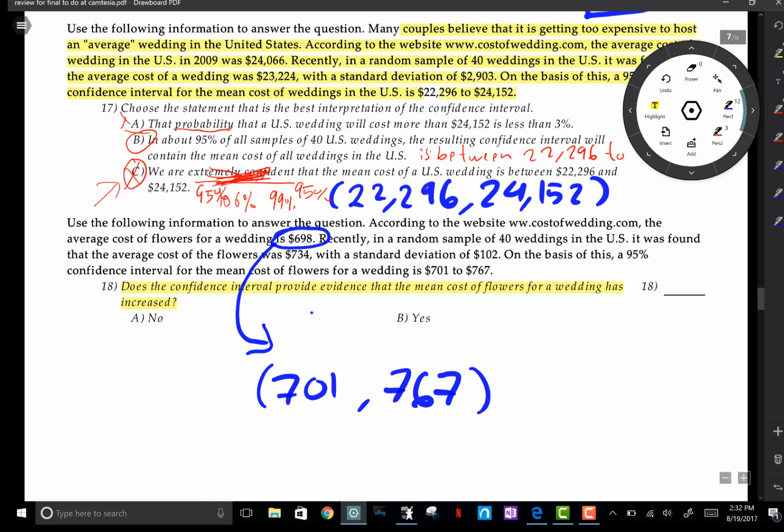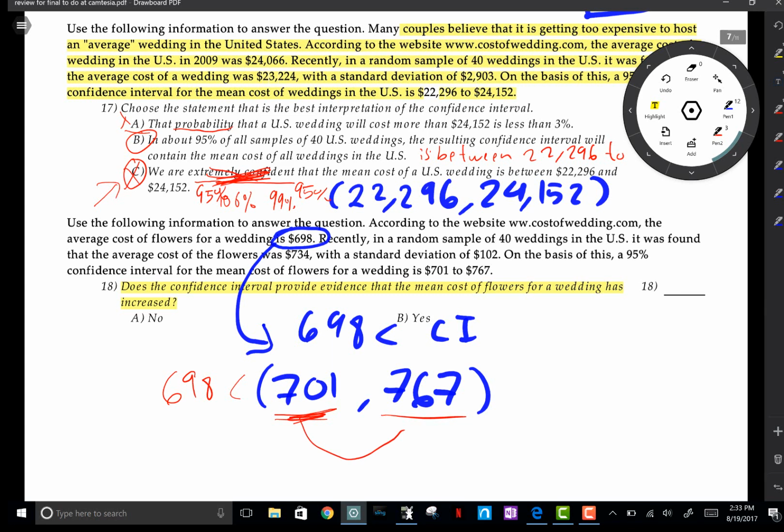But if the 698 is lower than our confidence interval, then we know it has increased. 698 is actually lower than the lowest number here. 701 and 767 are bigger than 698. Since both the lower and the upper bound are bigger than 698, we'll put yes, that it has increased.